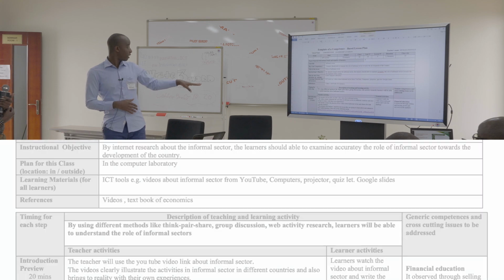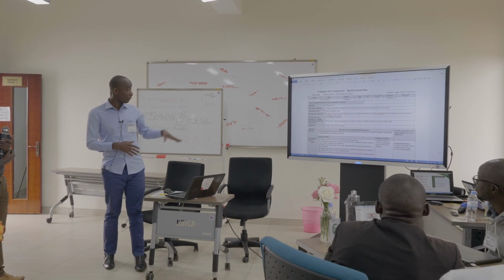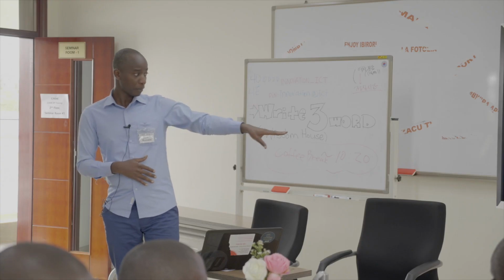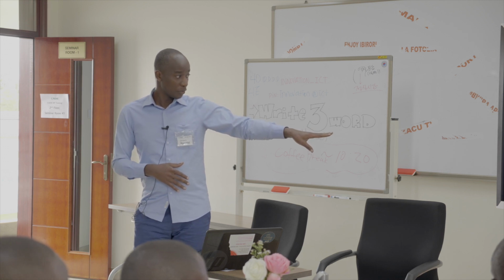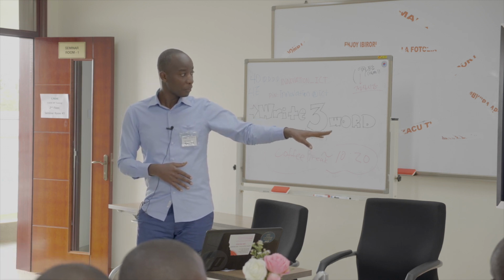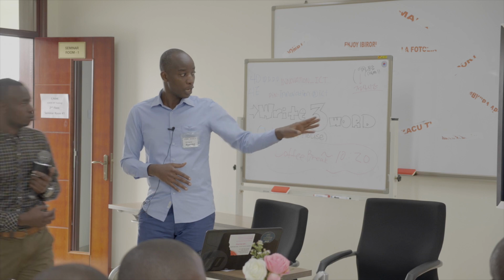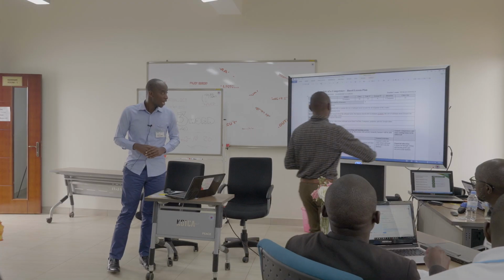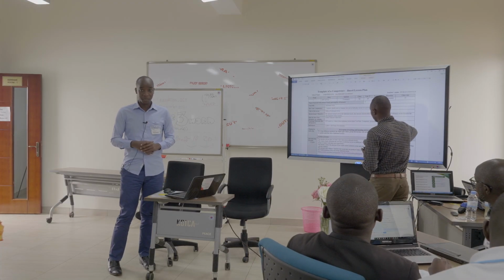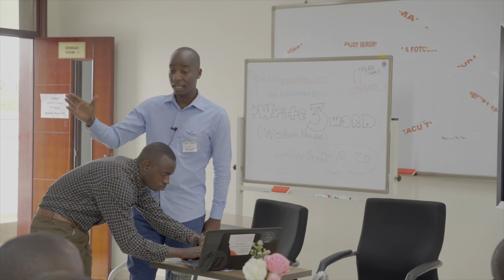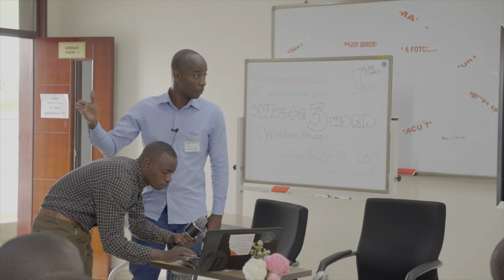Then here, to describe applying, we have applied the 4Ds using the teacher's activities. The teacher will use the YouTube video about the informal sector. That's the first thing.